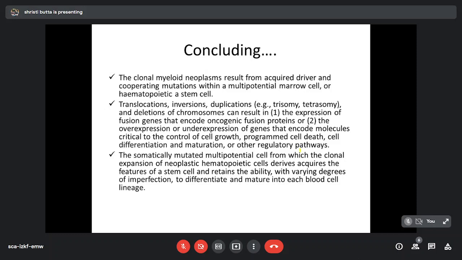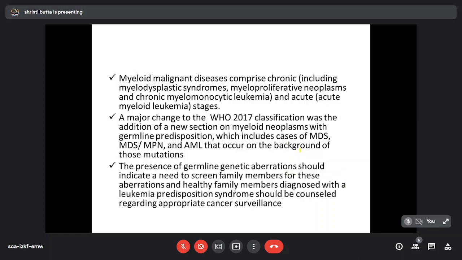And these somatically mutated multipotent cells from which the clonal expansion of the neoplastic hematopoietic cell occurs acquire the stem cell nature. Okay, so they start behaving like stem cells and then they start proliferating. And then what results is the myeloproliferative neoplasms, okay, like the ET, PV, or the CMLs. And the next, we also have myelodysplastic syndromes and the MDS/MPNs, that is the chronic myelomonocytic leukemias, juvenile myelomonocytic leukemias.